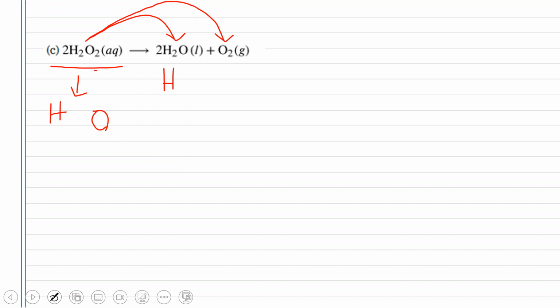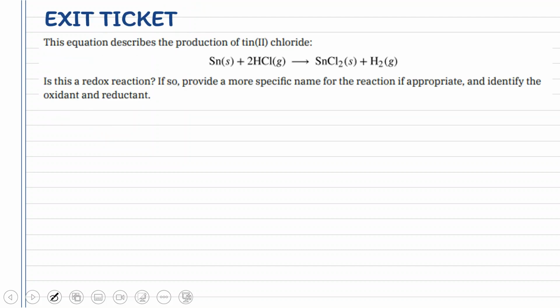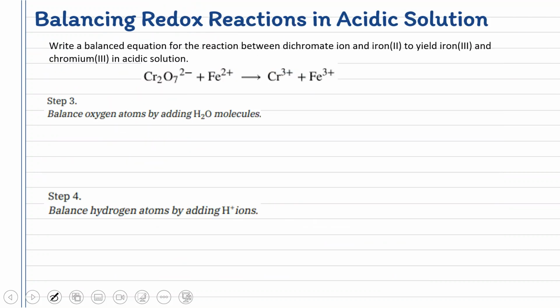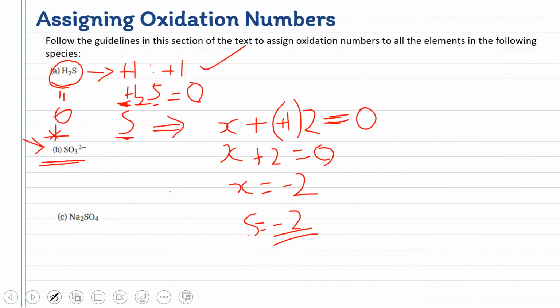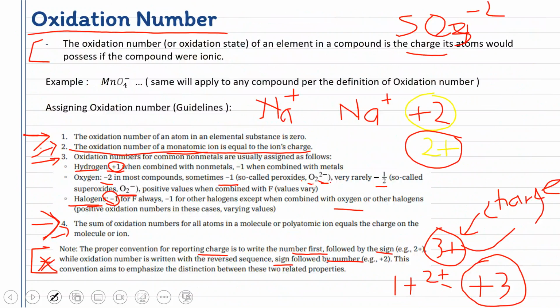Let's go back and read one rule, because it's important here. We need that rule. Look at what we said: the oxidation number for oxygen, most of the time, is -2, but there's an exception.